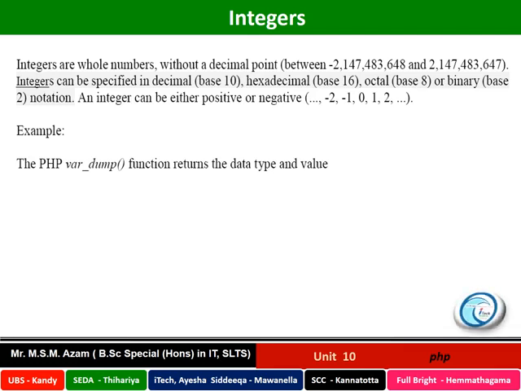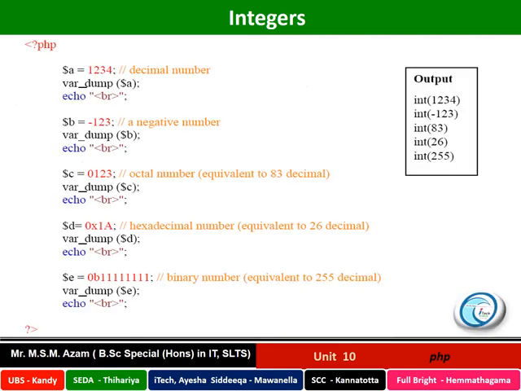The PHP var_dump function returns the data type and value of a particular variable. So we can use the var_dump function to find out the data type and value of a variable. See the screen.